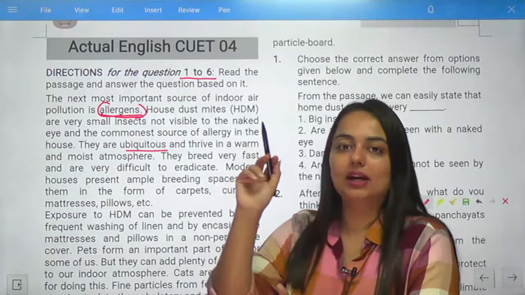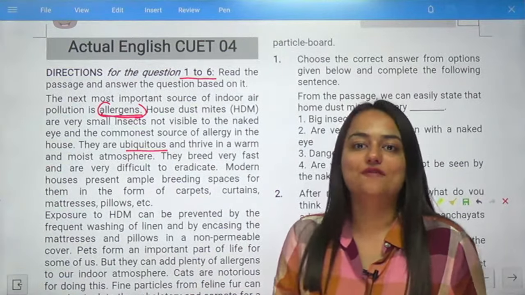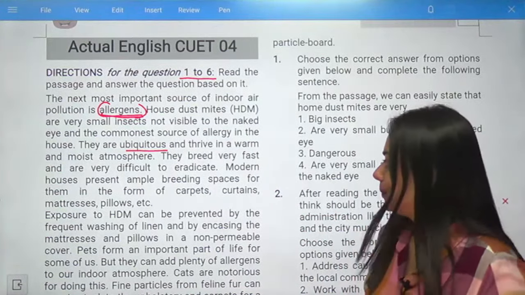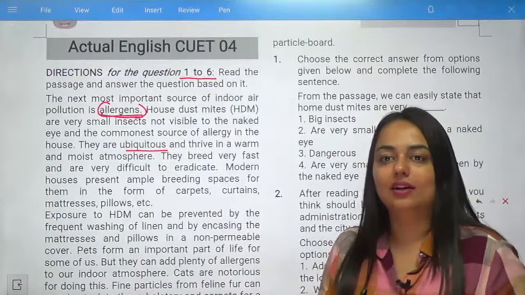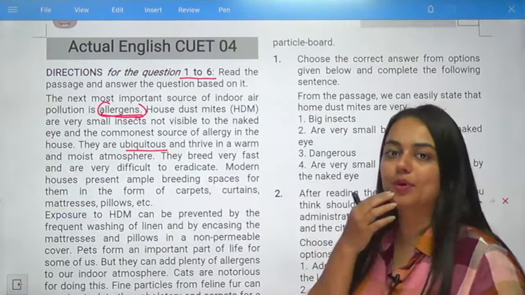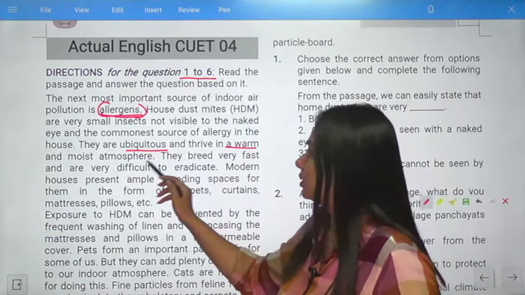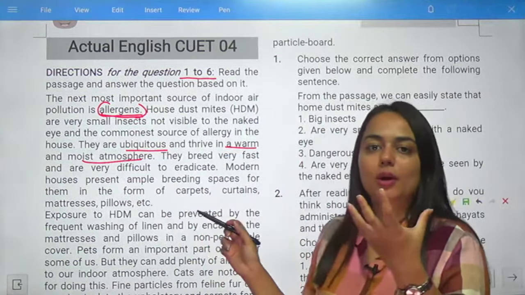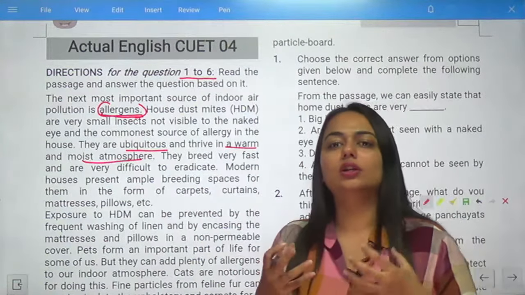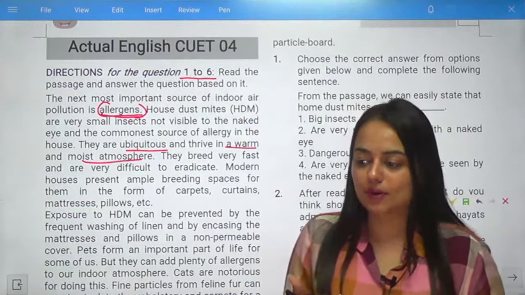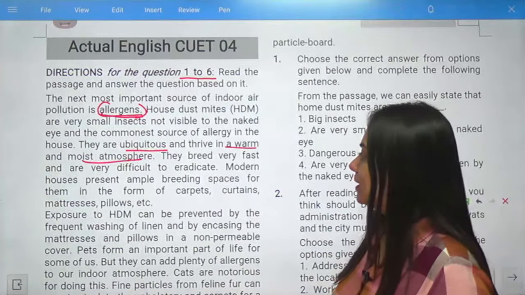Ubiquitous is something that is always present everywhere. You can say omnipresent. So these tiny allergens, they are present everywhere and thrive in warm and moist atmosphere. कि ये thrive करते हैं warm और moist atmosphere में, जो बहुत ही conducive होता है और हमारे सबके houses में वो होता है. So this is what the passage was about.